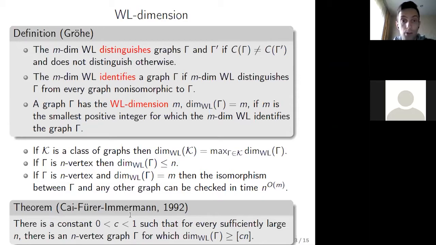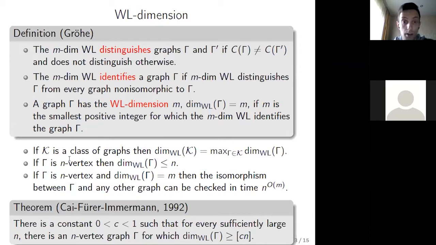Further, throughout the talk, we will say WL dimension for short instead of Weisfeiler-Leman dimension. And WL dimension is denoted by dim with index WL of gamma. If K is a class of graphs, then the WL dimension of K is the maximum of WL dimensions of graphs from K. One can check that if gamma has n vertices, then its WL dimension is at most n.